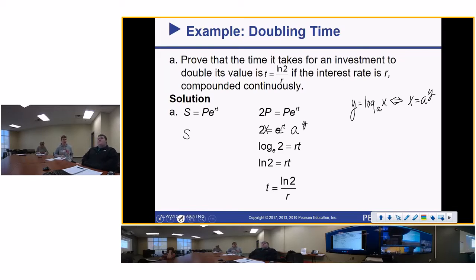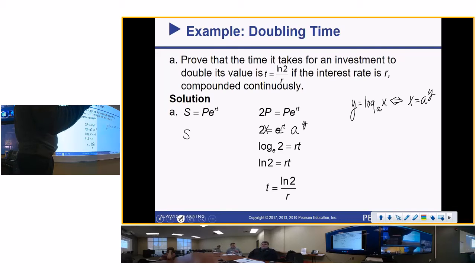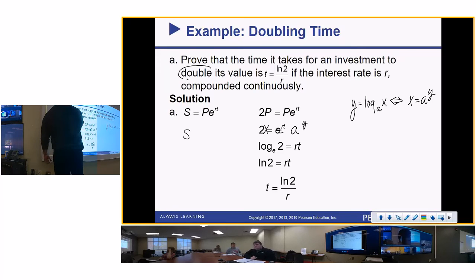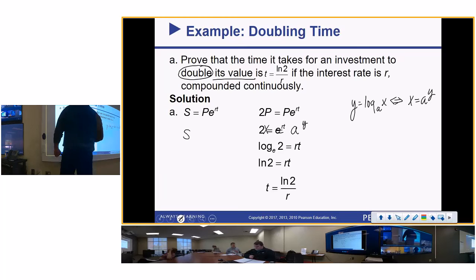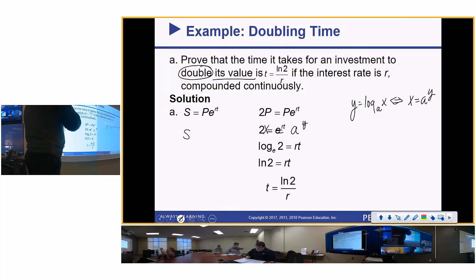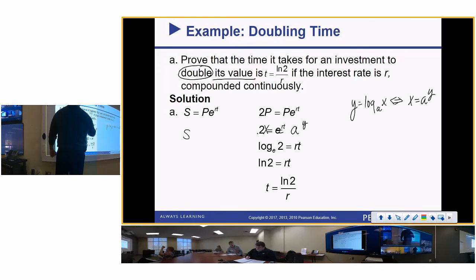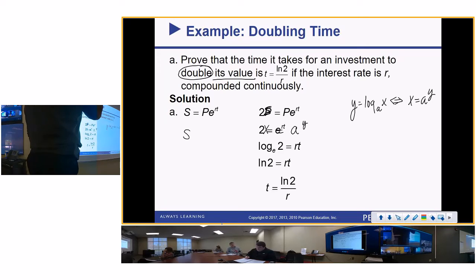Okay, am I missing something somewhere? Prove that the time it takes for an investment to double its value. Okay, that's where they're getting the 2P. I'm sorry, I didn't see that. Double its value. Okay, so 2P, that's supposed to be 2S. I don't know why they have that, or you could change it to P, the principle.